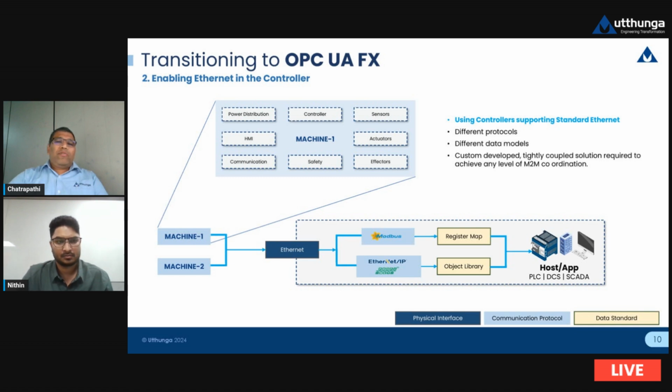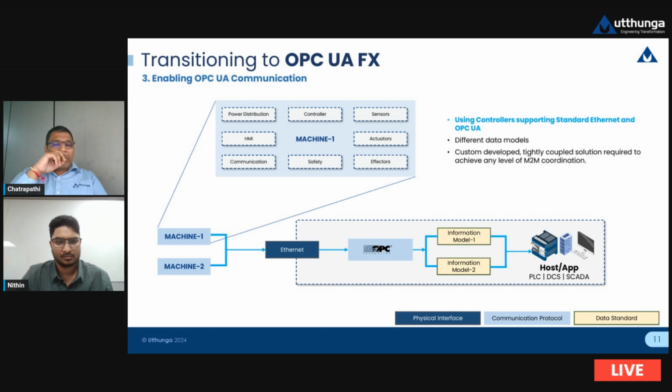Now, if we go to the next step, where we have controllers where OPC is supported, here again it provides a standard way of connecting to an OPC server and then gather the data and all that.